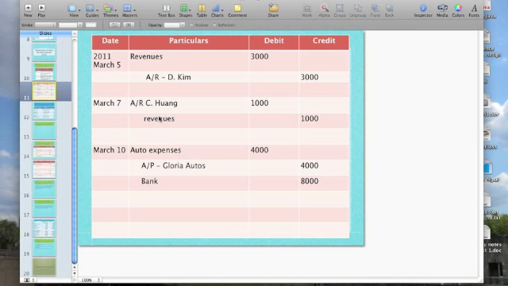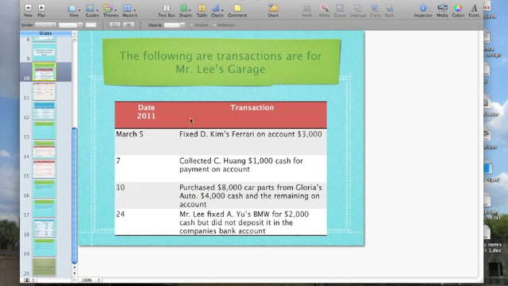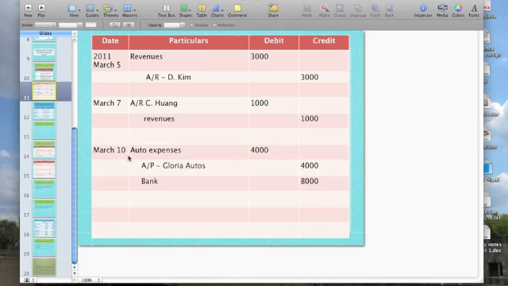However, I am not finished, for I still have the 24th to do. So let's do the 24th together. You don't have to put the month after the first transaction, but I'm putting it here to let you see the difference.